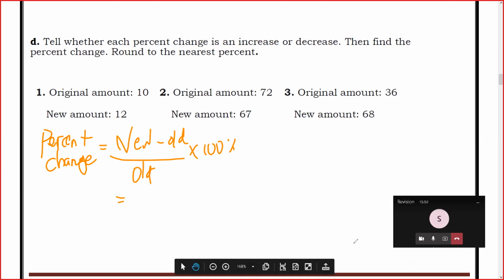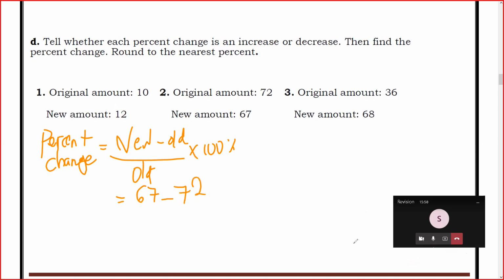So where's the new? Minus the old over 72 times 100. So it's negative 5 over 72 times 100.